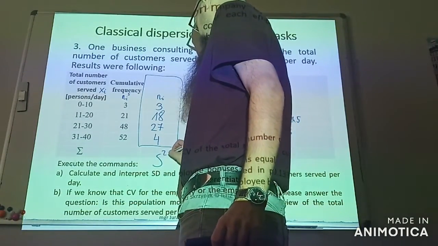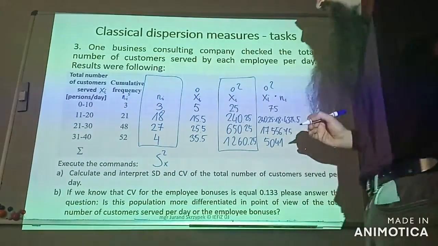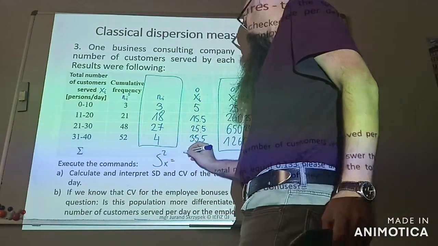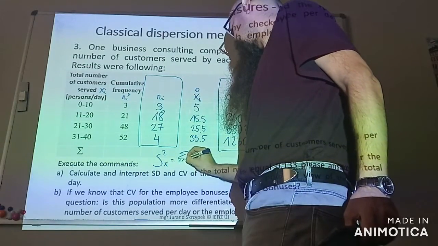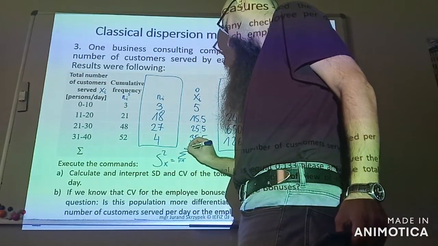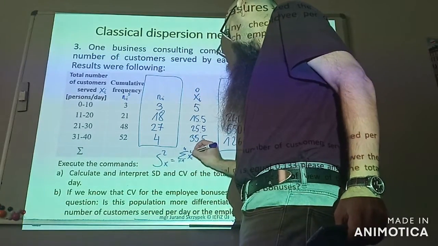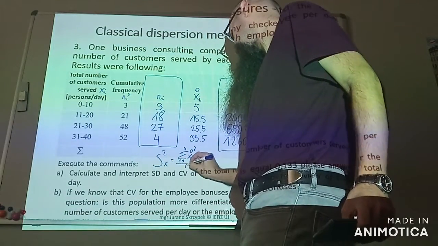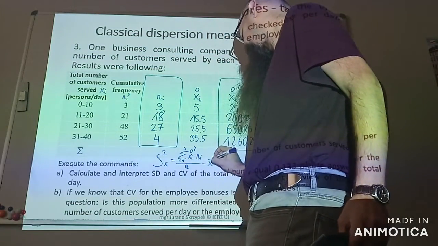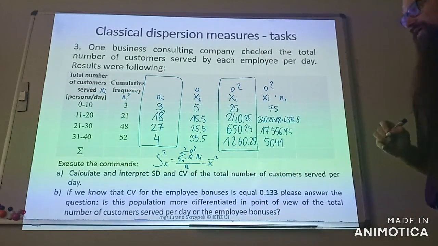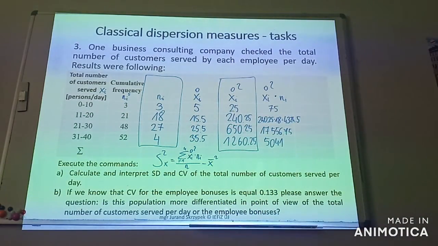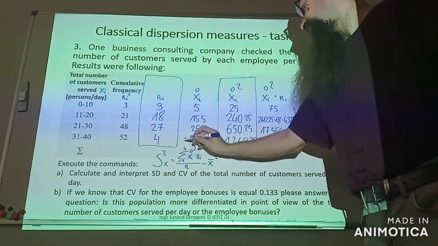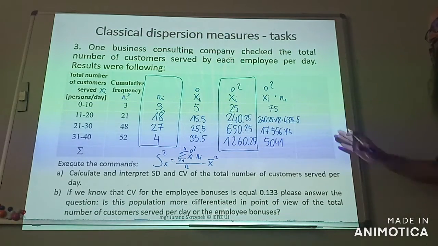Okay, let's remind ourselves of the formula for variance. The sum from i equal 1 up to 4 of squared middle of the classes multiplied by n_i, divided by n, minus squared arithmetic mean. Okay, I need the sum of the products.